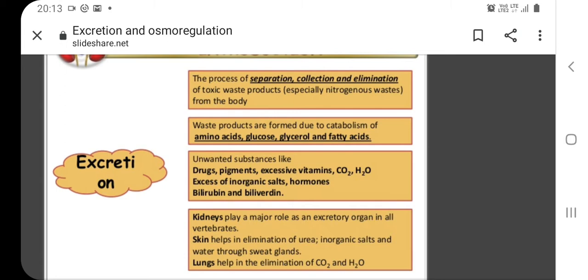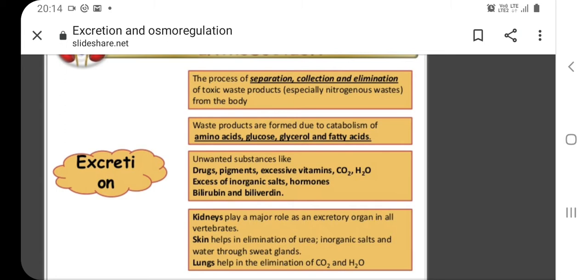Unwanted substances like drugs, pigments, excessive vitamins, carbon dioxide, water, excess of inorganic salts, hormones, bilirubin, and biliverdin must be removed from the body.